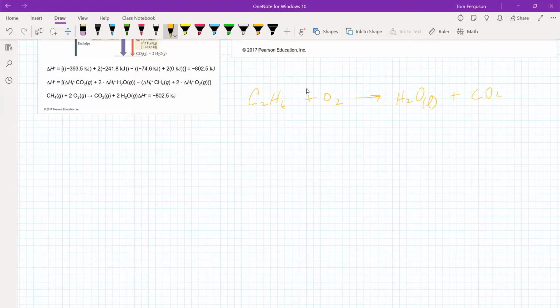Okay, so let's balance this. Okay, so that's balanced now. 12 hydrogens.